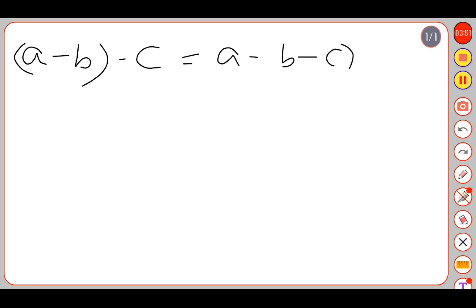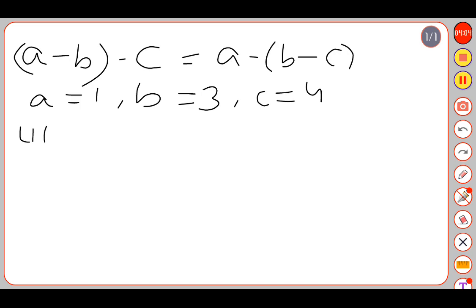Now in subtraction, it must be (a - b) - c equal to a - (b - c). Let us take the same values: a equal to 1, b equal to 3 and c equal to 4.